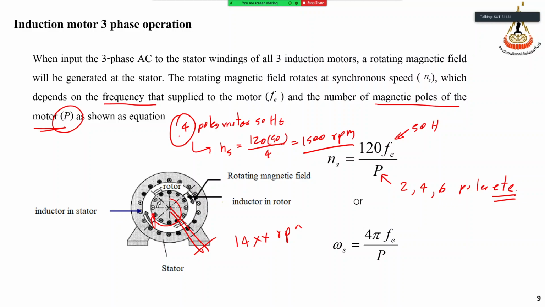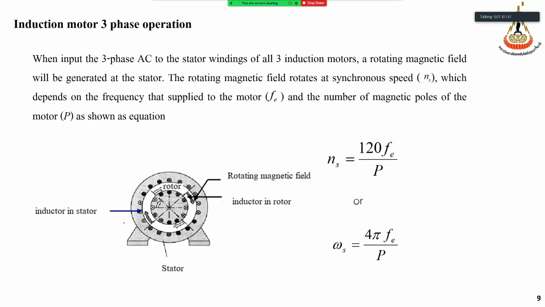For a 2 pole motor, it will be 3000 RPM for synchronous speed, and this type of motor will operate at maybe 28 something, or 29 something RPM, for example.